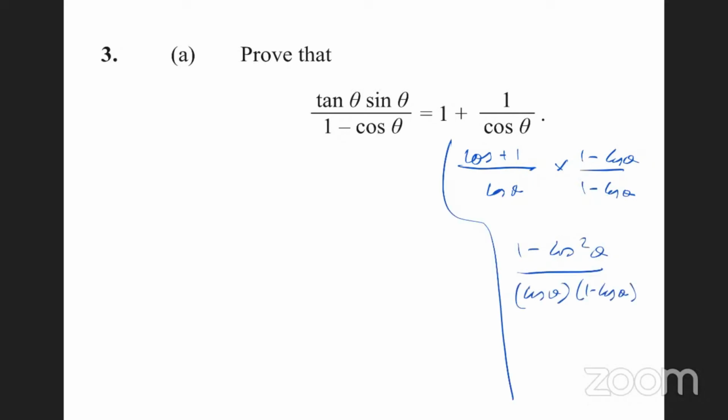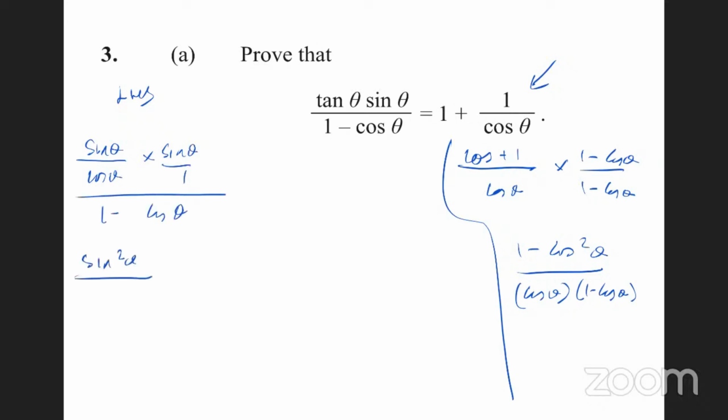All right, left hand side, tan theta. There is no tan here, so I'll write it as sine theta on cos theta, multiplied by sine theta on 1, all over 1 minus cos theta. The numerator is now sine squared theta, and I'm bringing up this 1 minus cos theta. Look, we get the answer already.